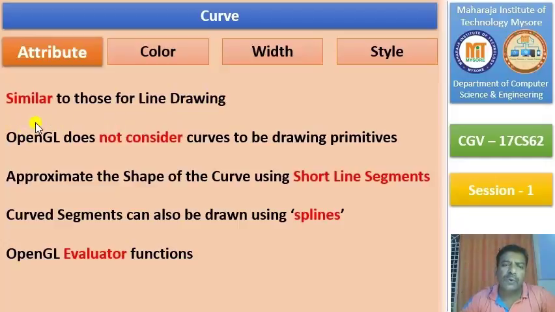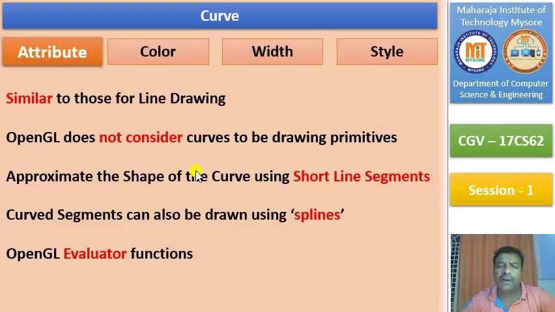Frankly speaking, OpenGL does not consider the curve to be a basic drawing primitive at all, because whenever we draw a curve, it is always an approximated shape made using a set of short line segments.